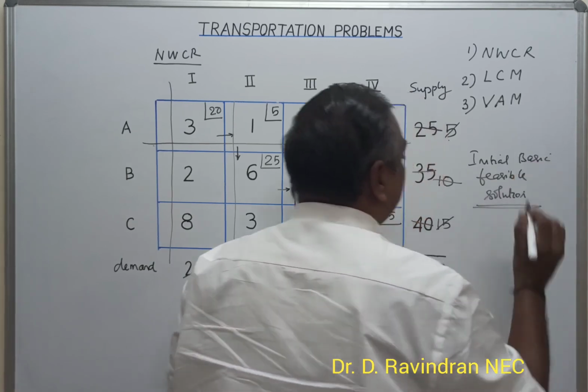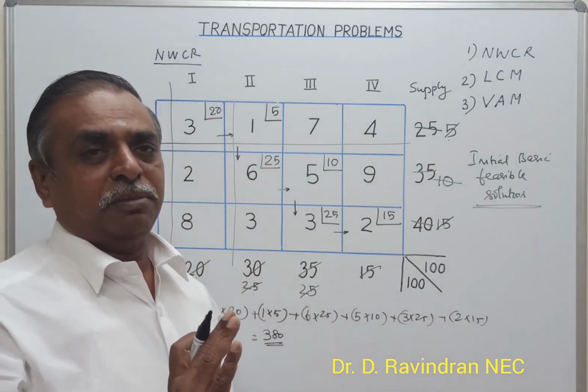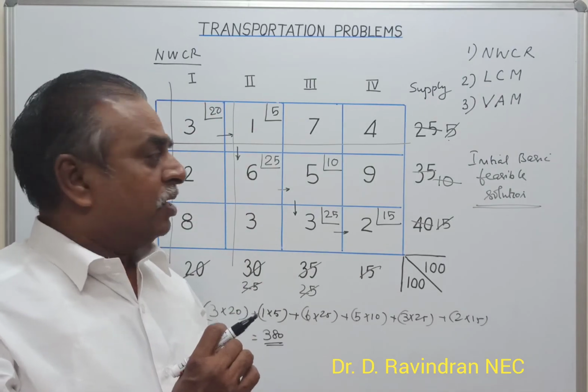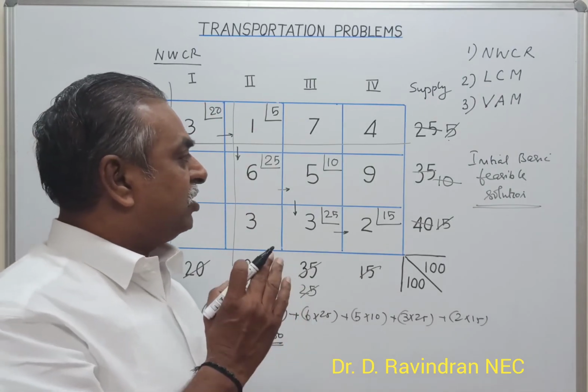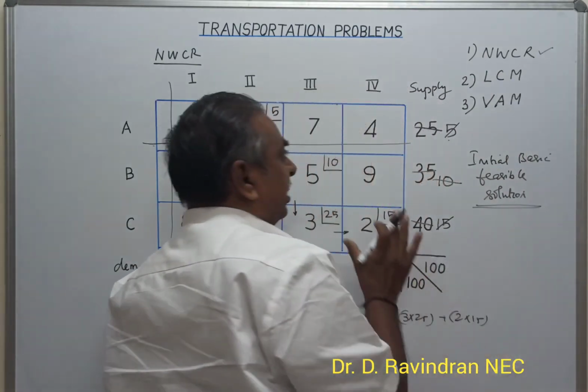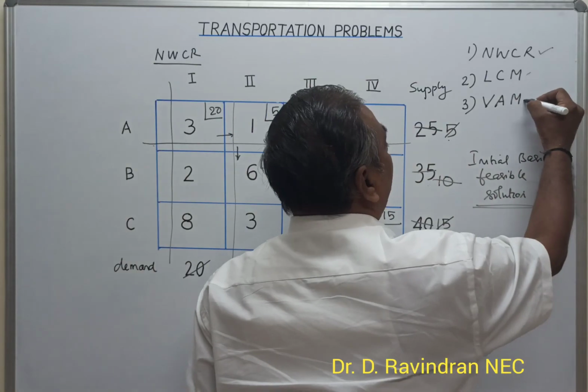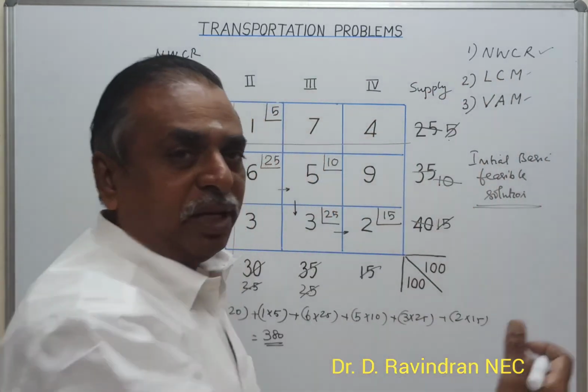So this is one of the feasible solutions, but it's not the optimal solution. That we have to remember. This solution is an initial basic feasible solution proposed by the northwest corner rule. The same problem we can try to solve using the LCM method and VAM method in the coming videos.